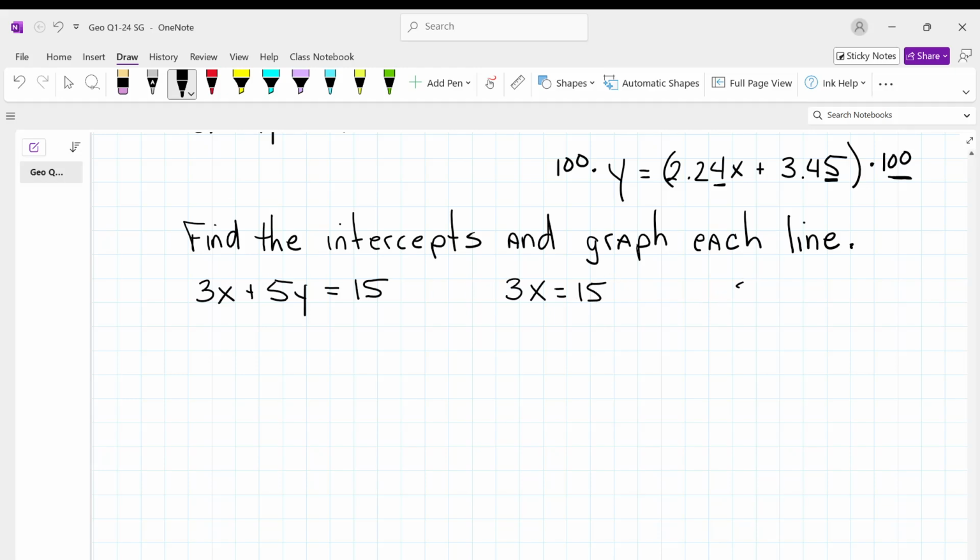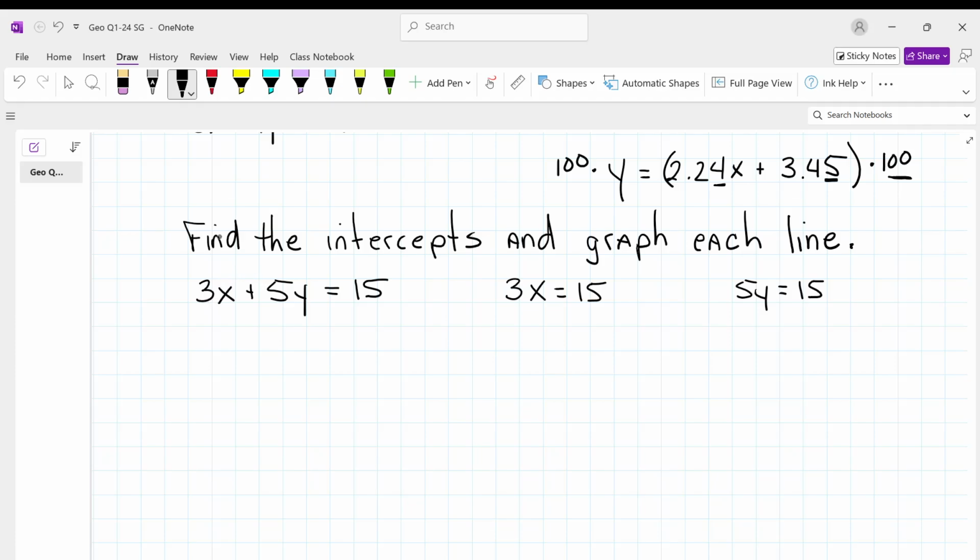So 5y is equal to 15. What we're doing in each of these equations, in this first equation, the 3x equals 15, we're making the y equal to 0, because 5 times 0 would be 0, and you'd be left with 3x equals 15. When we write the 5y equals 15, we're making the x equal to 0.